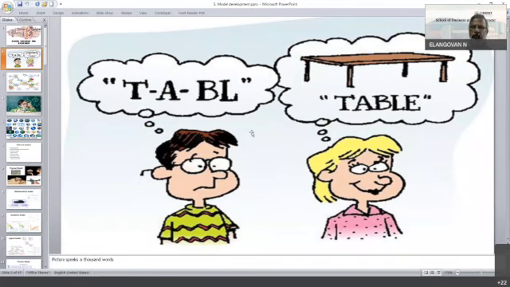And many of us, we have different learning styles: visual based learners, auditory based learners, kinesthetic based learners.